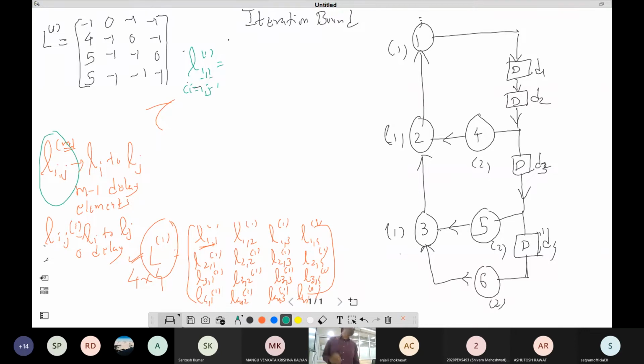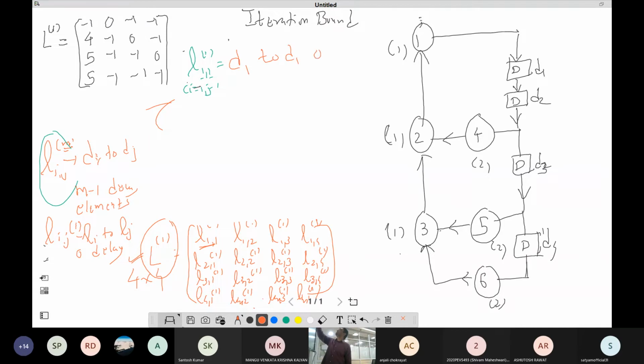So instead of Li, just treat this as Di, it would be easier to understand. So it is Di to Dj, I am just writing in terms of the delay element. So i is equal to 1 and j is equal to 1.